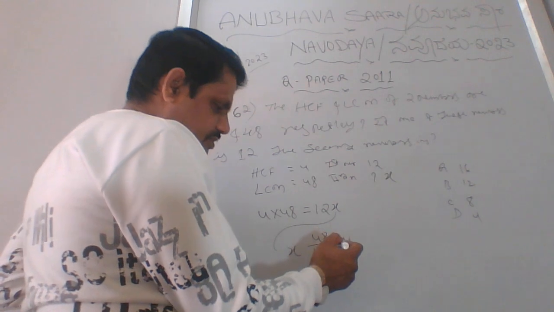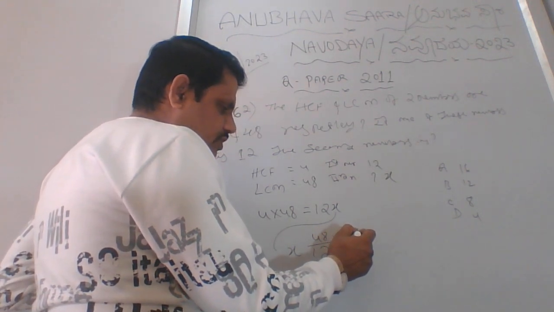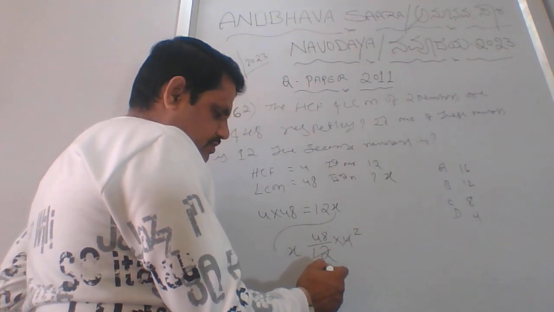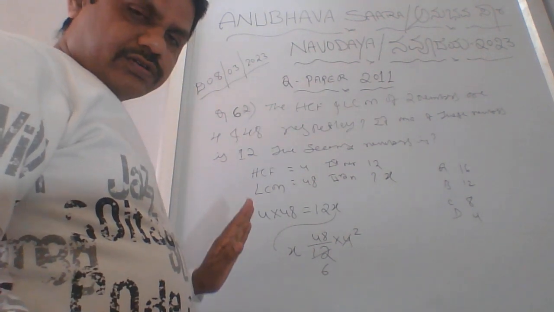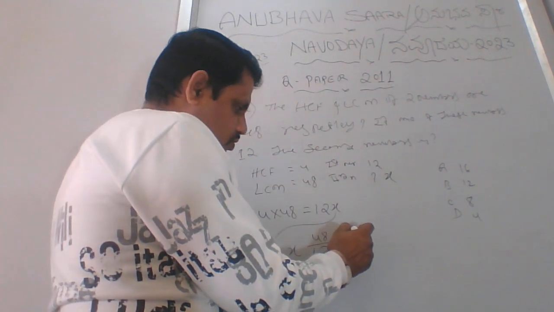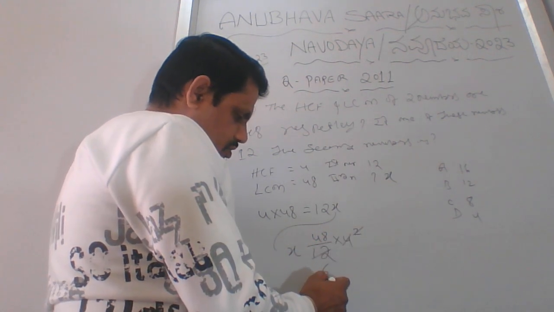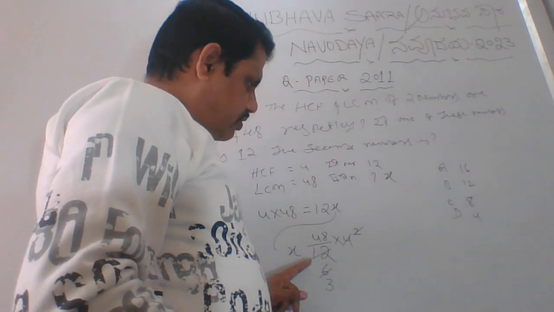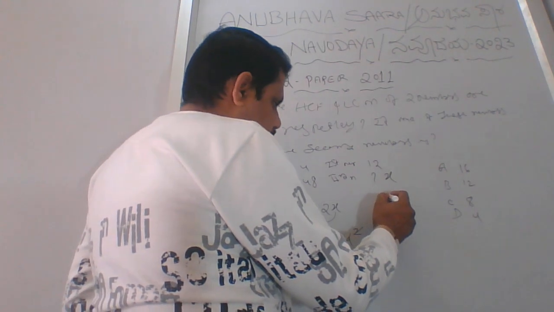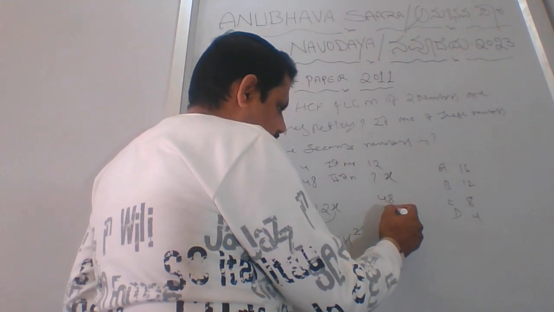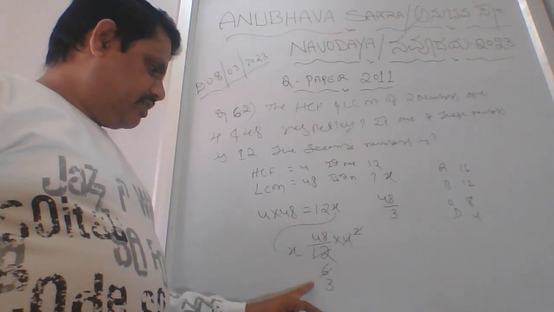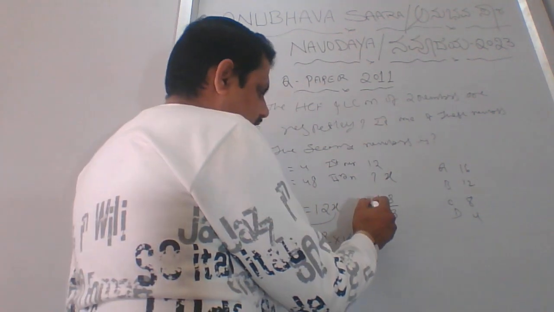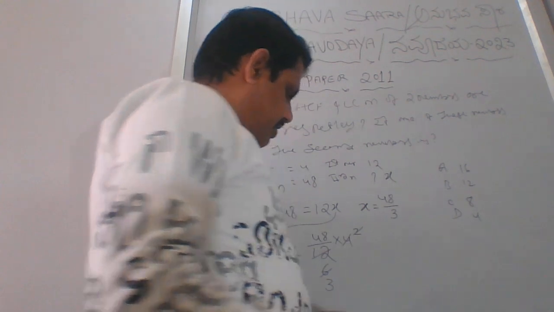So small number is there, we will start from 2: 2 2s are 4, 2 6s are 12. Okay, 12 we got. Now 2 1s are 2, 2 3s are 6. So now what is left? 48 divided by 3. X is equal to 48 divided by 3.